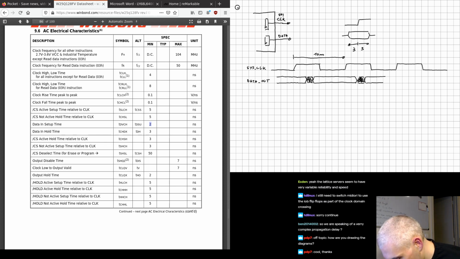It's 3 nanoseconds after the rising clock edge. So that means that now we need to generate a rising edge somewhere around in that period, so that we meet our 3 nanosecond window from the flash.